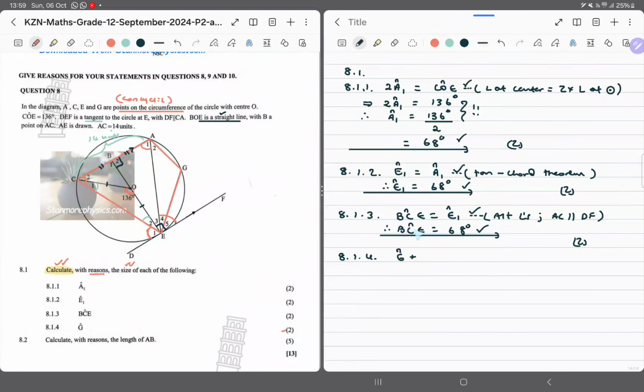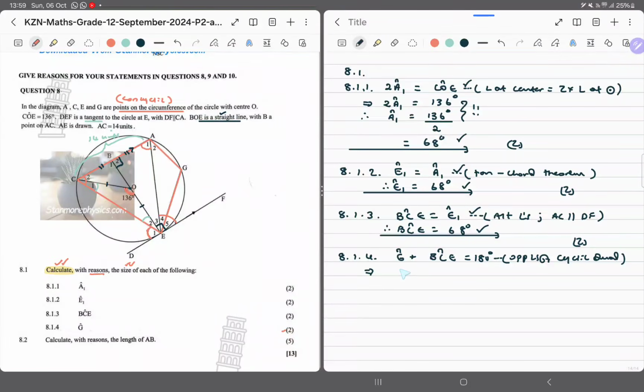We spoke about BCE, let's just call it that, plus angle BCE is equal to 180 degrees. Why? These are opposite angles of cyclic quad. Obviously here there's only one cyclic quad, so we can leave that without specifying, but if you like you can say it's ACEG.